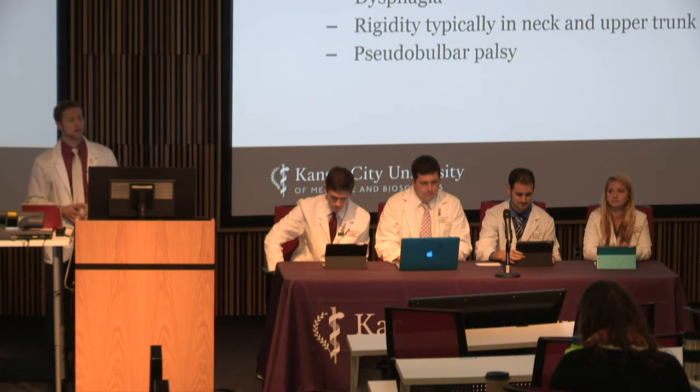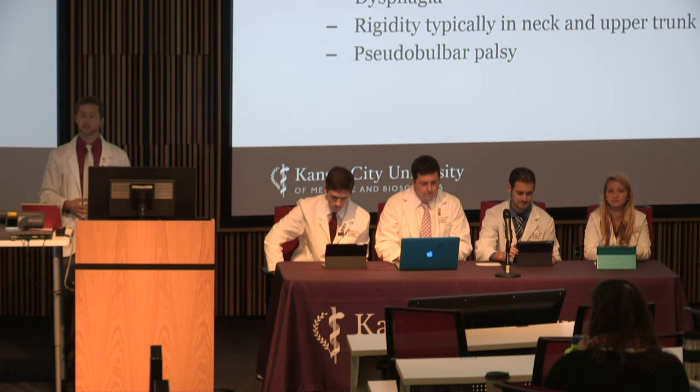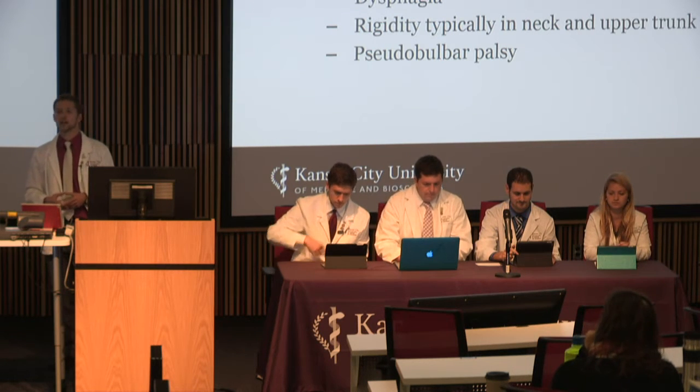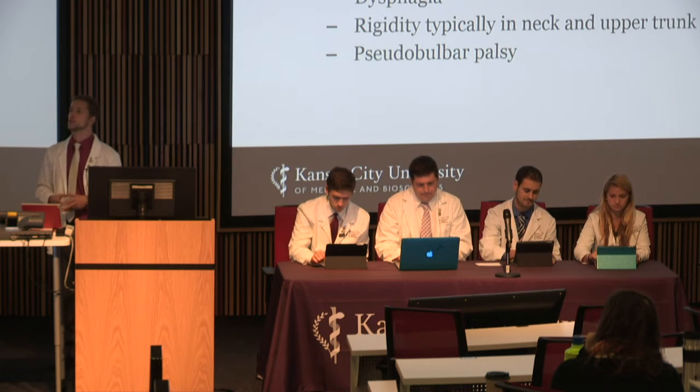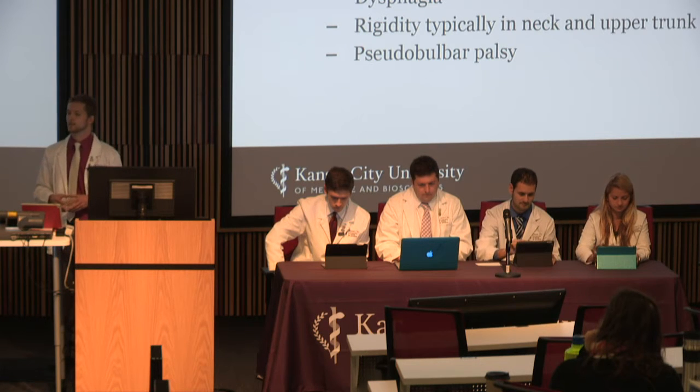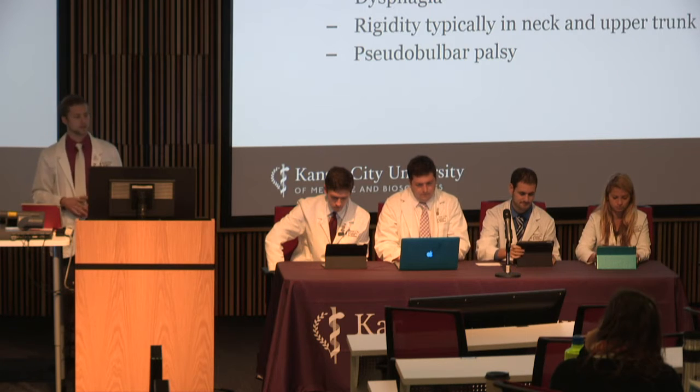Generally, this disease is characterized by muscle weakness associated with damage to the brain nuclei. The average age of onset for PSP is 62 years, and symptoms include abnormal gait, dysarthria, which is difficulty using the muscles involved in speech, dysphagia, which is difficulty swallowing, rigidity of the neck and trunk, and also pseudobulbar palsy, which is difficulty using the muscles of the face.